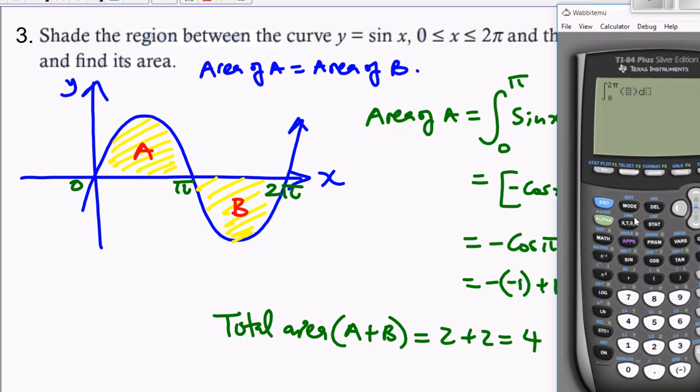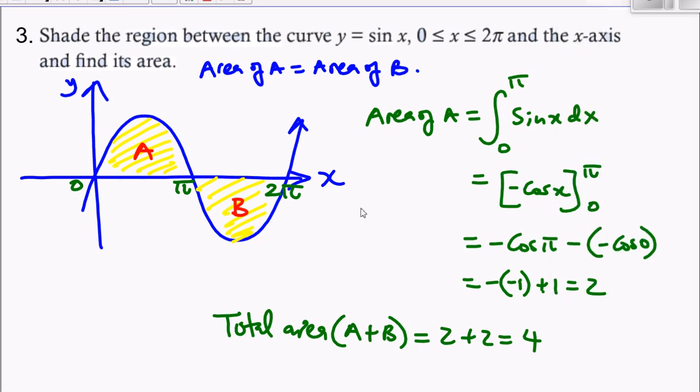Now remember, don't forget absolute value. So math, absolute value of sine x, with respect to x, and you should be able to end up with the same answer. So if you have a question like this in a calculator paper, you know what to do. Non-calculator paper, you know what to do.